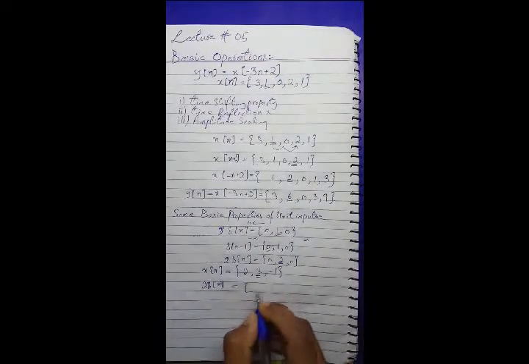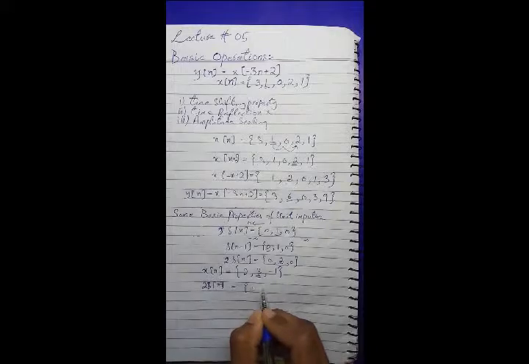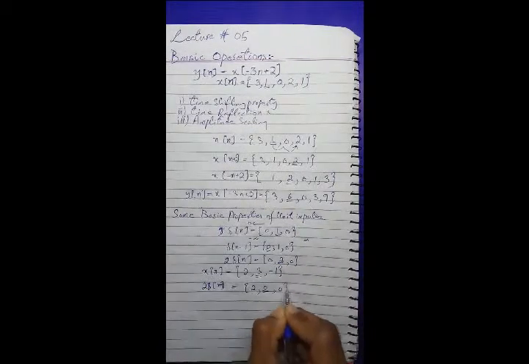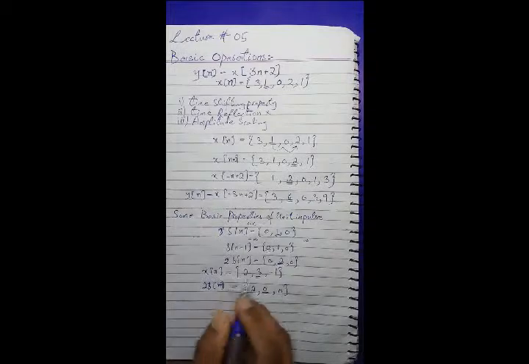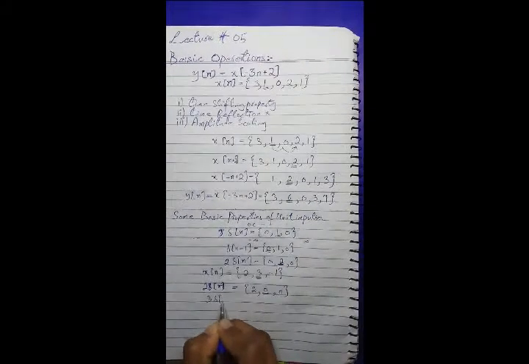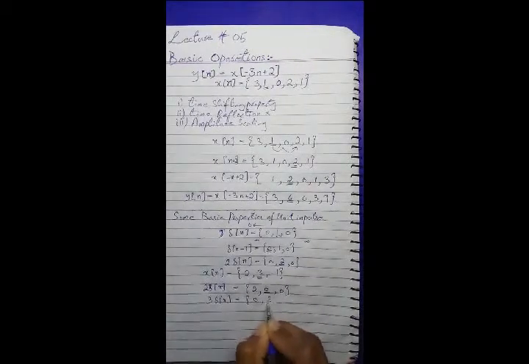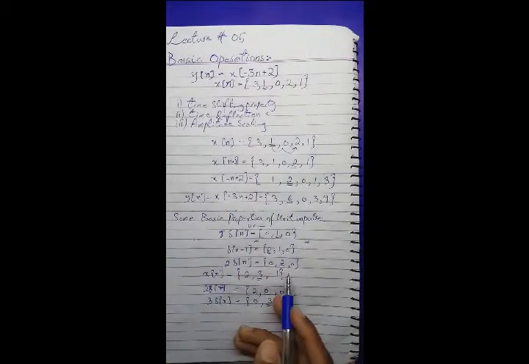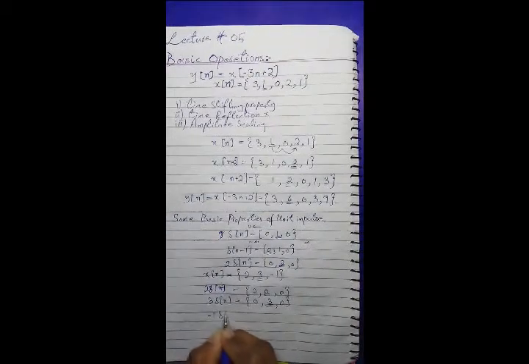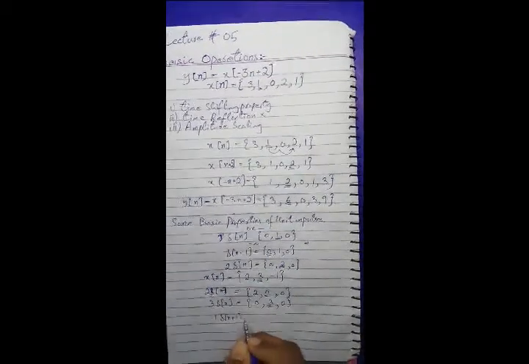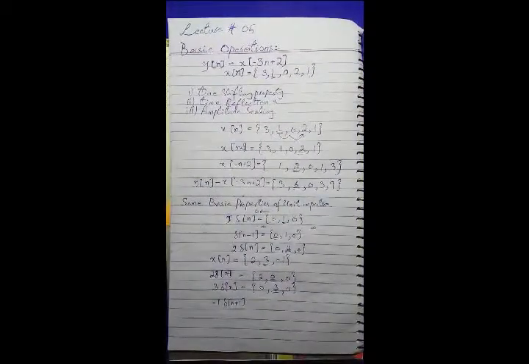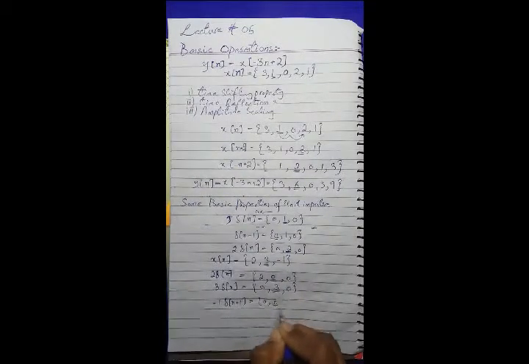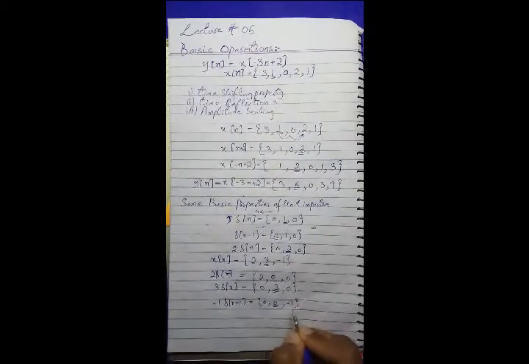This will become 2, 0, and our next impulse signal is 3 delta of n, which is 0, 3, 0, and the next impulse we need is minus 1 times delta of n plus 1, and this is equal to 0, 0, minus 1.